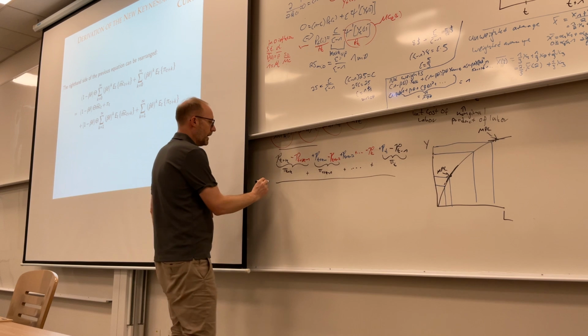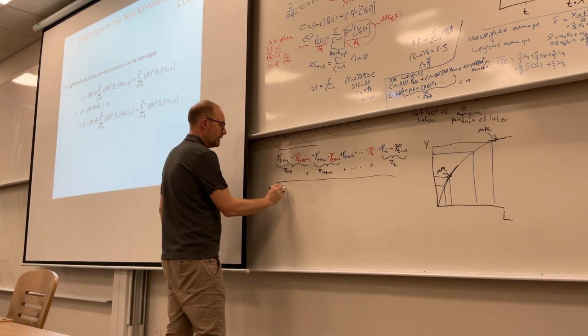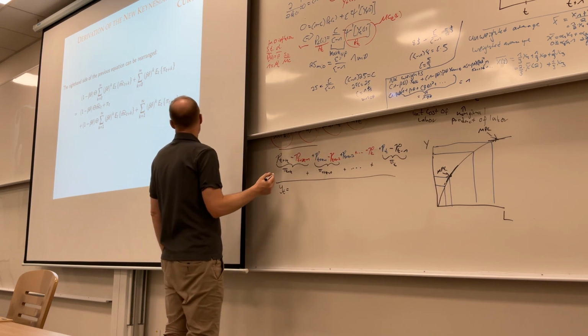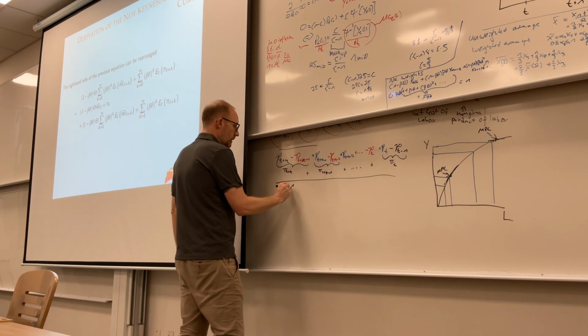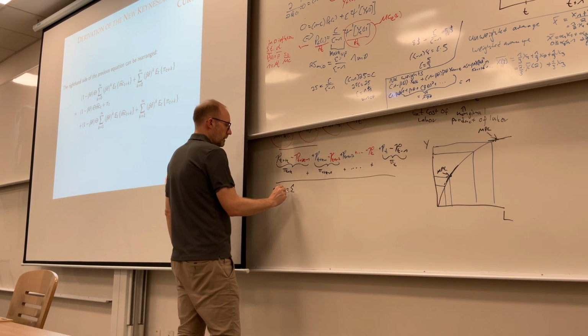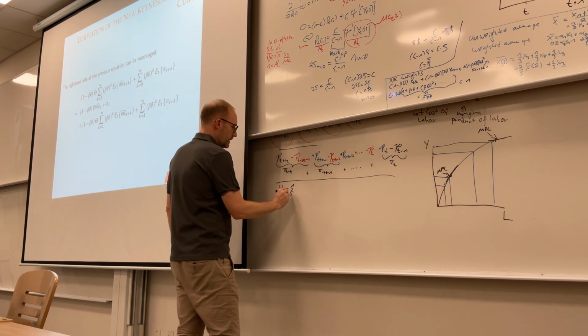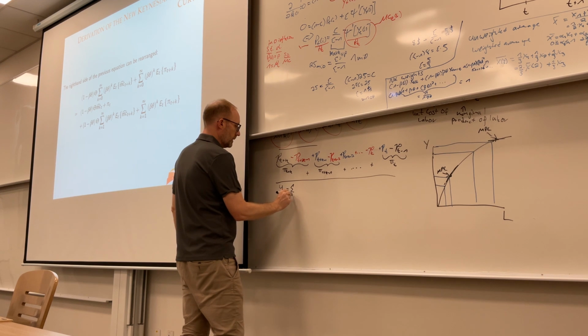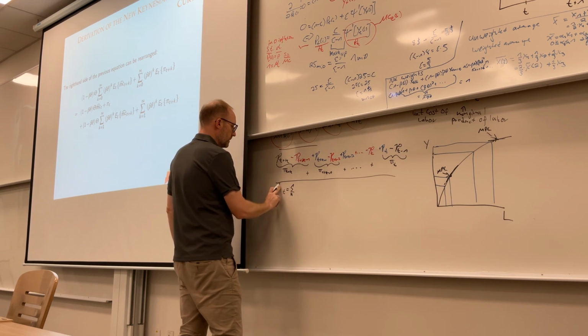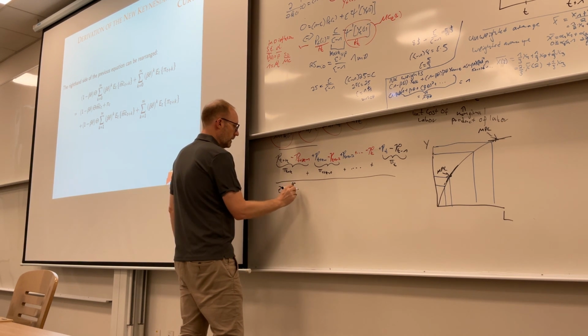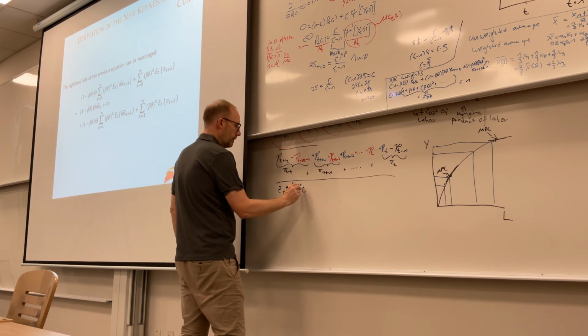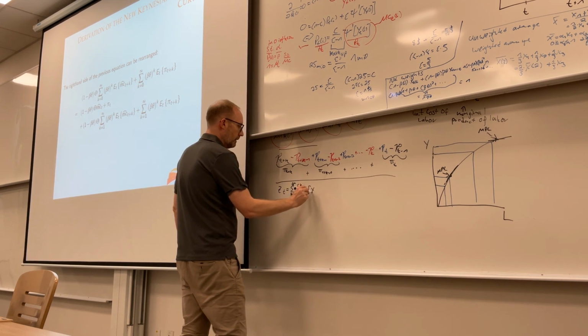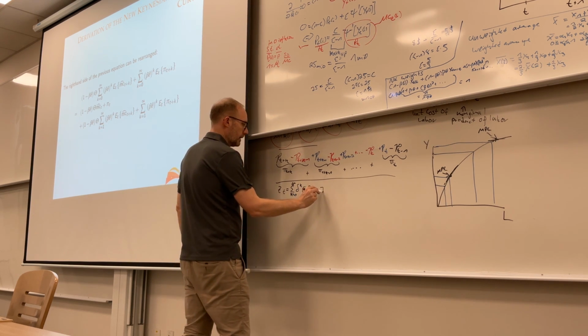I'm going to write a variable. Let's define the variable z_t as equal to the sum from k equals 0 to infinity of delta^k E_t x_{t+k}.